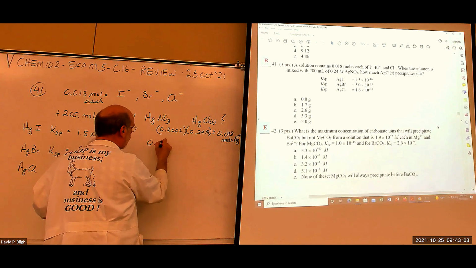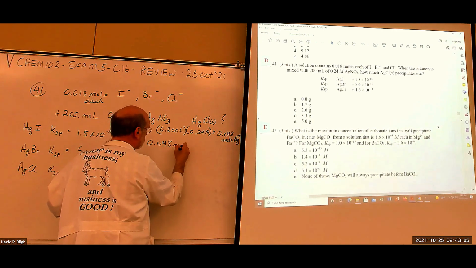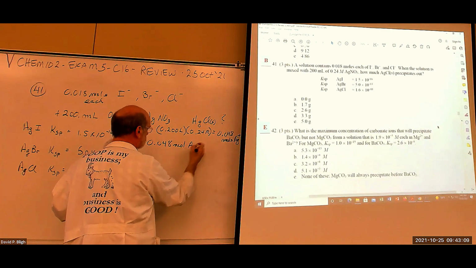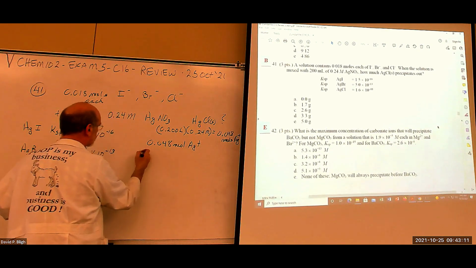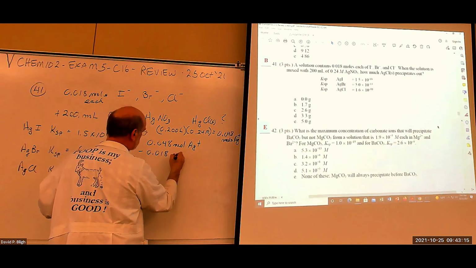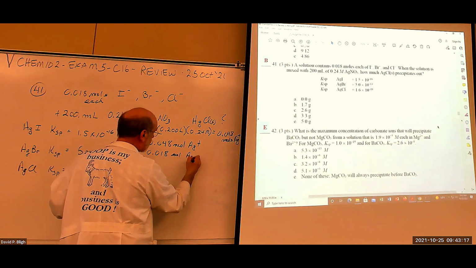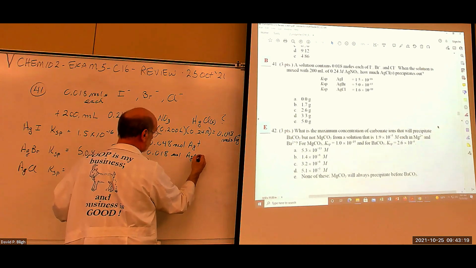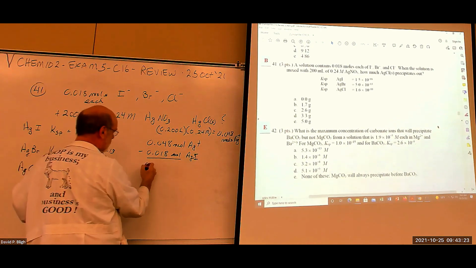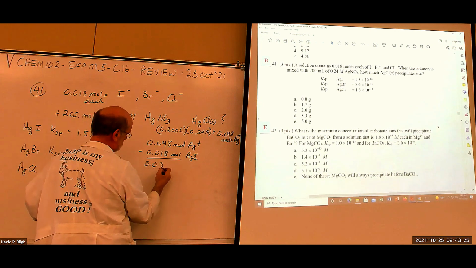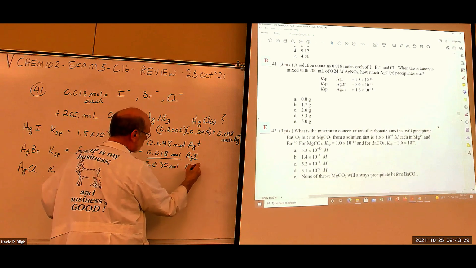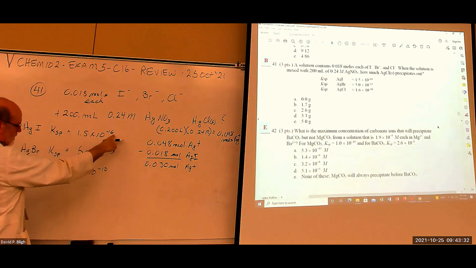So 0.048 moles of silver, and then we're going to subtract 0.018 moles of silver required to make iodide. Okay, so that means we have what? 0.030 moles. That's what we got left after iodide's gone.